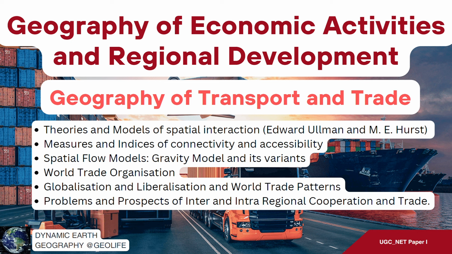Then there are a few spatial flow models, that is the gravity model and its variants, which you need to understand. Then World Trade Organization, how it is formed and how it works. Then globalization and liberalization and world trade patterns. Then problems and prospects of inter and intra-regional cooperation and trade.